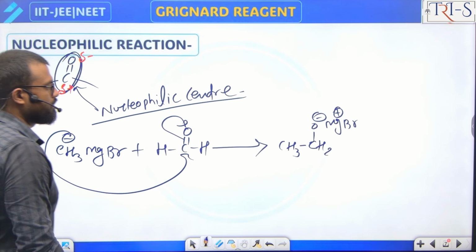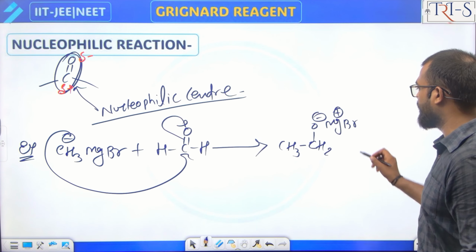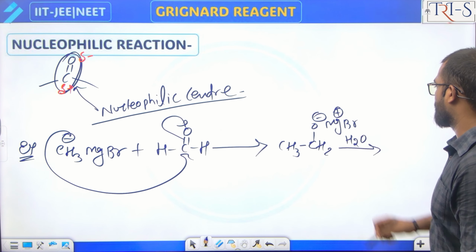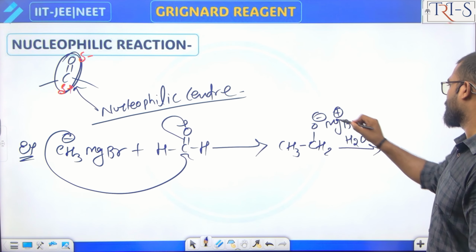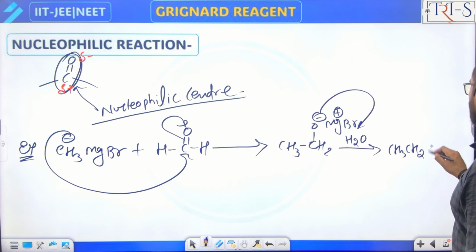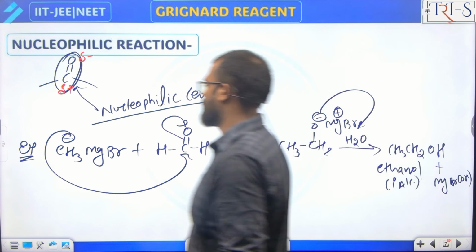This type of compound is the intermediate between reactant and product. So if it takes hydrogen from solvent, it will give the product CH3CH2OH, that is a 1 degree alcohol, ethanol, and MgBrOH will be the side product.